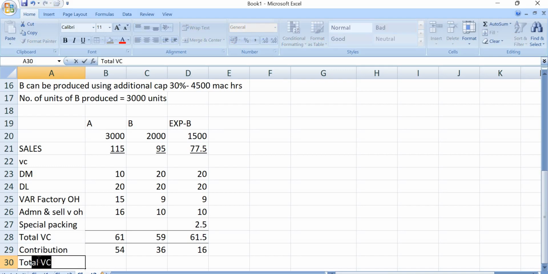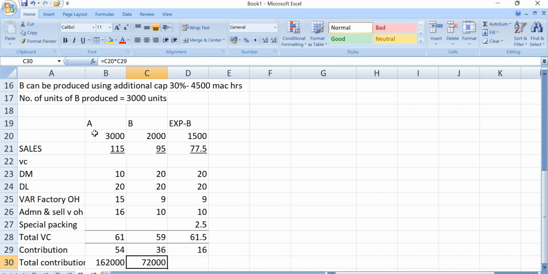So total contribution, that is units into contribution per unit. So 3000 into 54, here it is 2000 into 36, here it is 1500 into 16, that is 24,000.